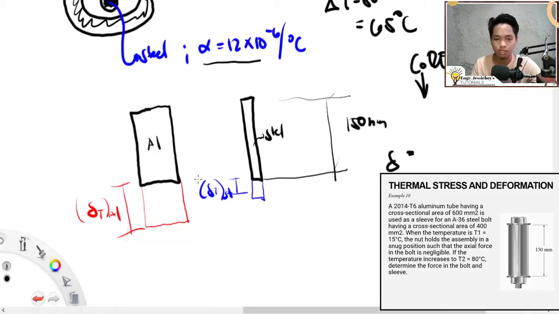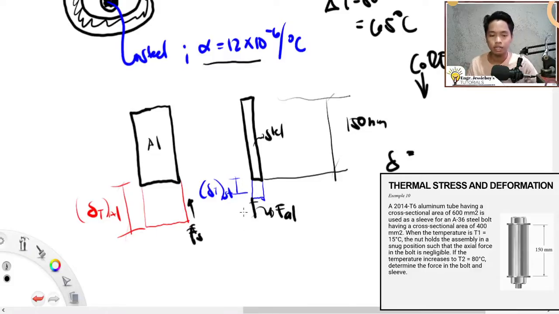Therefore, birahon na siya pabalik ni steel. Alright? That is the force exerted by your steel. Itud na siya pabalik. Then tungod kay mo expand si aluminum, ang deformation ni steel is mapun-an na siya. That is due to your force exerted by the aluminum.